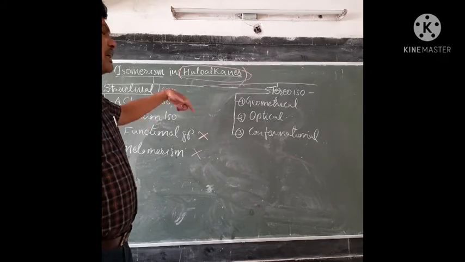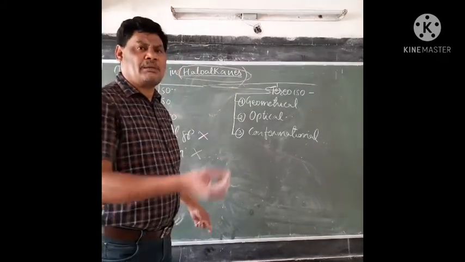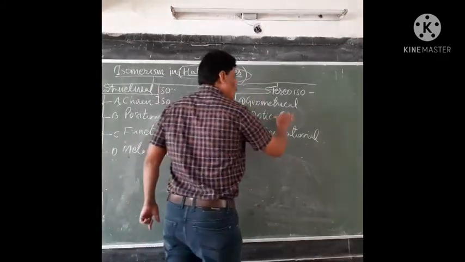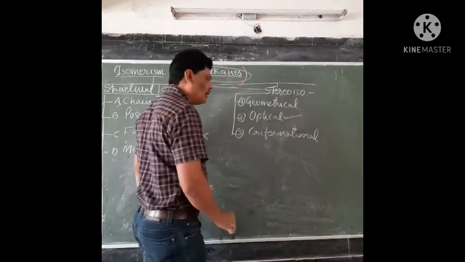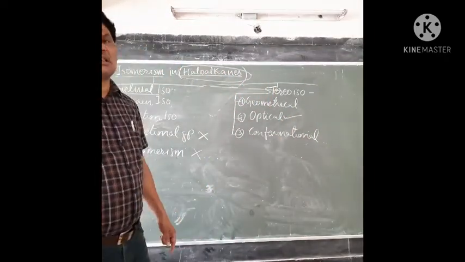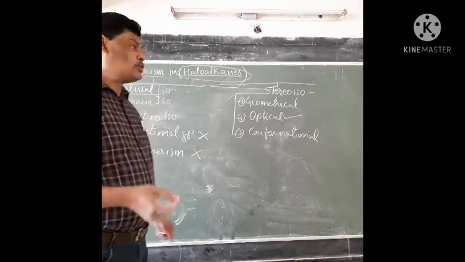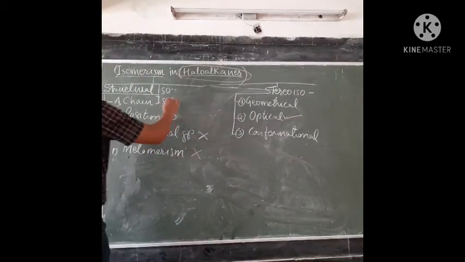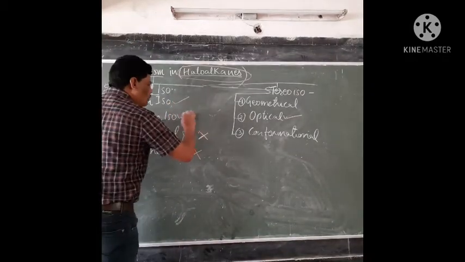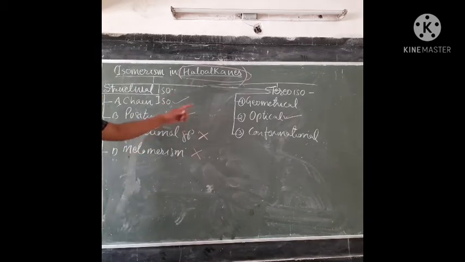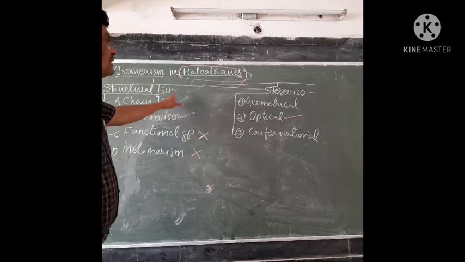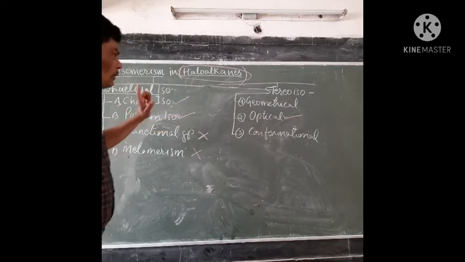Similarly, geometrical isomerism is not possible, but optical isomerism is possible, and conformational isomerism is again not possible. So the possible isomerisms are chain isomerism, position isomerism and optical isomerism. We will study these three types of isomerism.